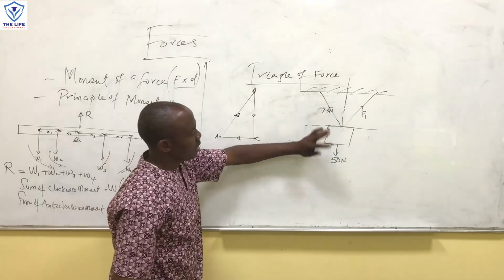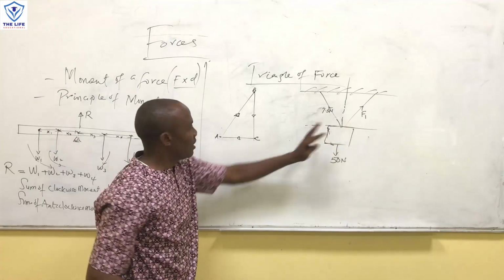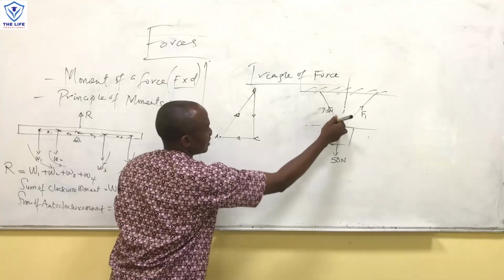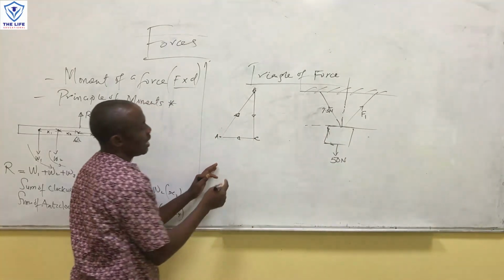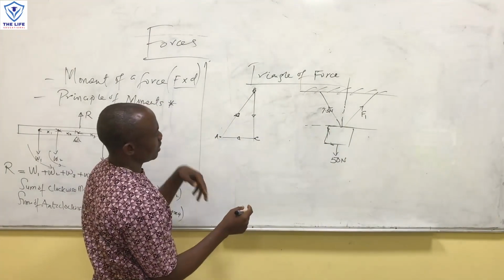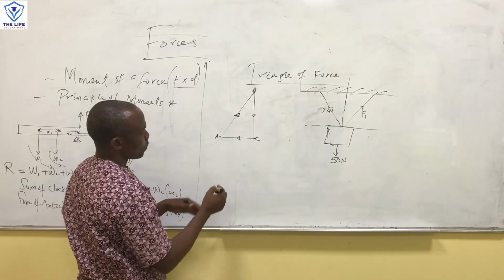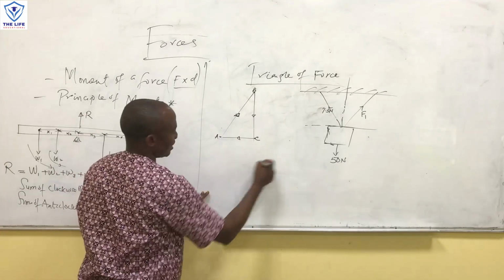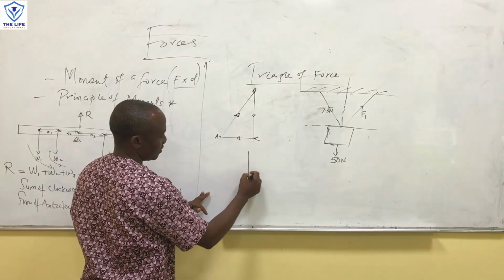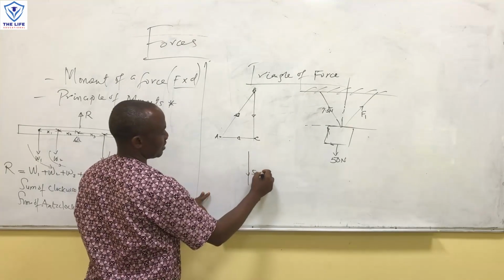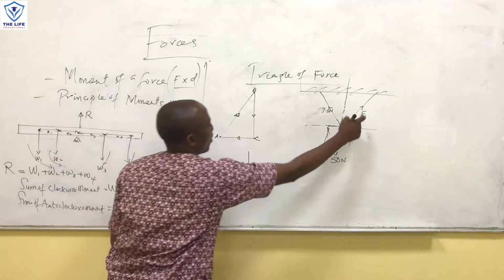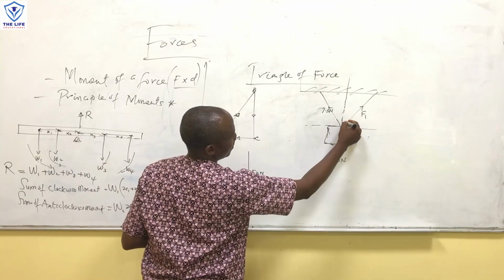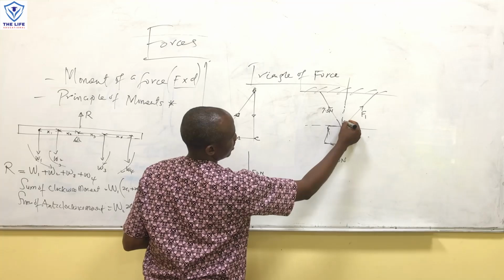So let's quickly solve this question on the board using triangular forces. Let's represent these forces on the board with a triangle. The vertical one, this line going down, is 50 N. For F1, we should also include the angle.